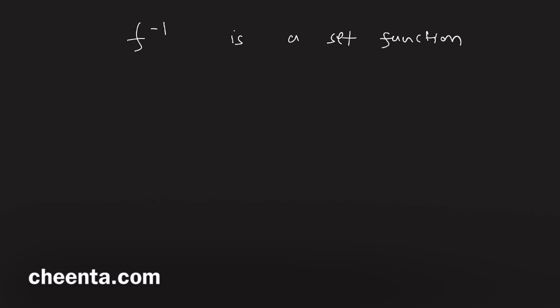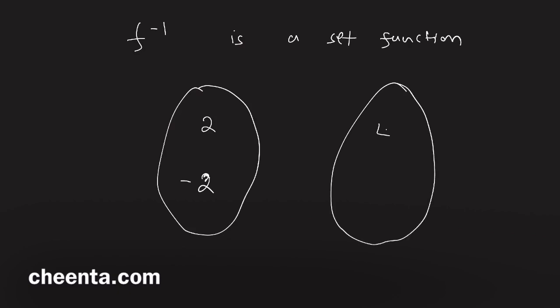Now let me explain to you what is the difference. We again take 2 and negative 2, and we again take 4 here. This is the function f. This is domain, this is range.